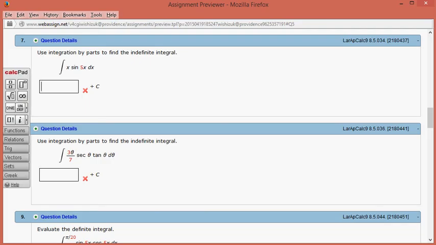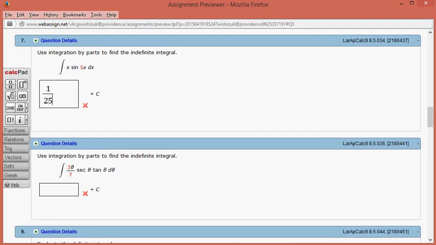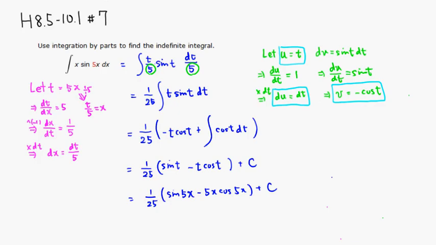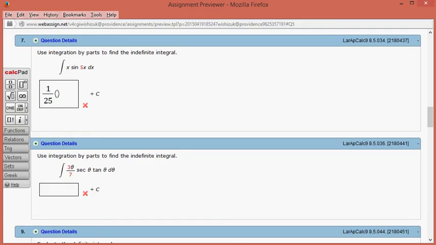We have 1 over 25, parentheses, and I forgot the sine: sine of 5x, and plus 5x times cosine of 5x.